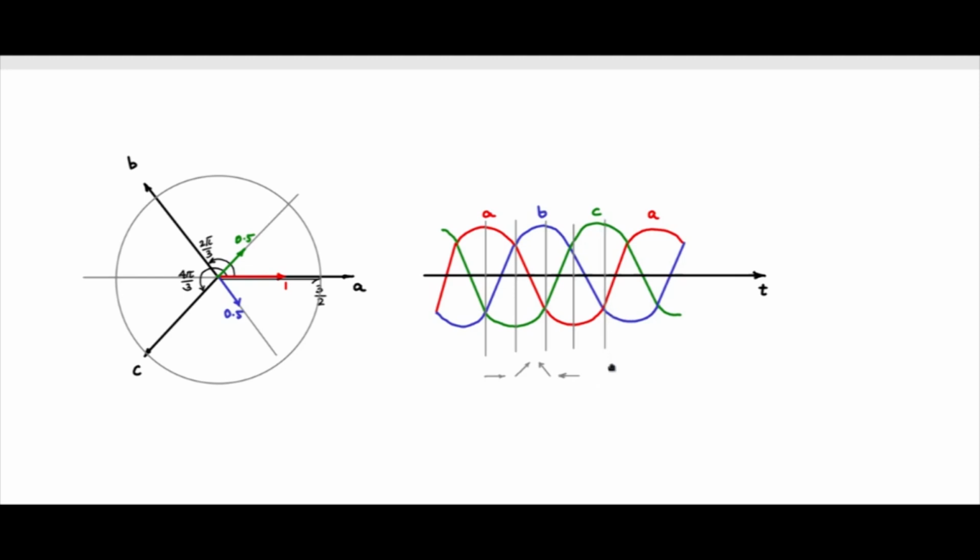Then here C is maximum, you will see it is in this direction. Then here B is negative maximum, it is in this direction. And then A again, one cycle is complete. So you see the resultant vector makes a complete rotation. So it transcribes this circle in this manner.